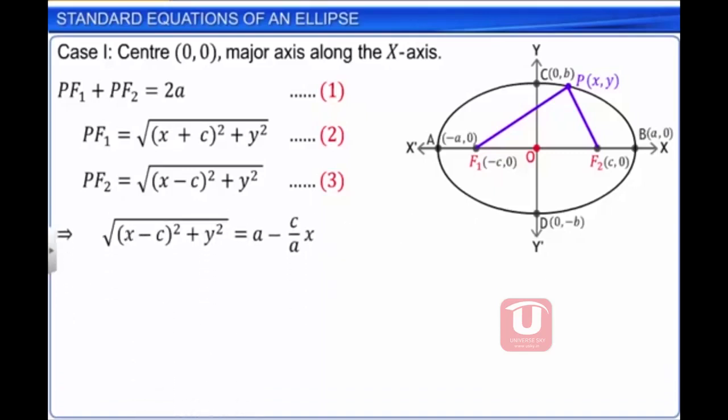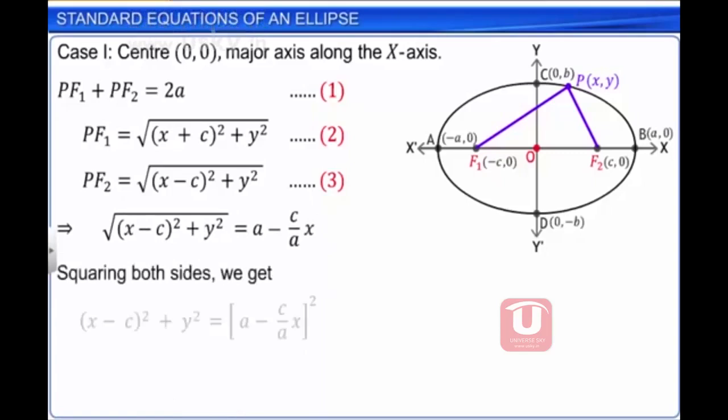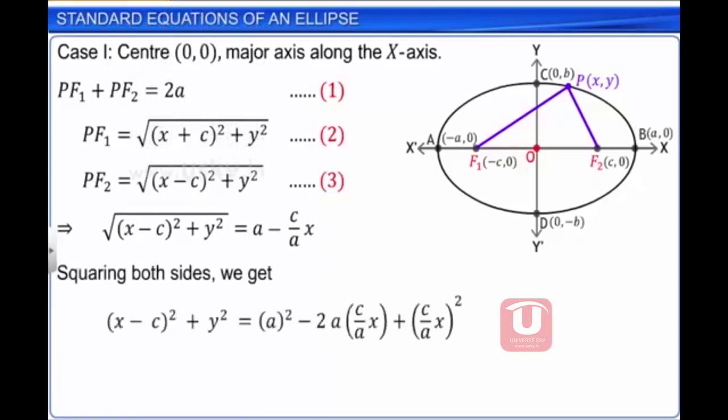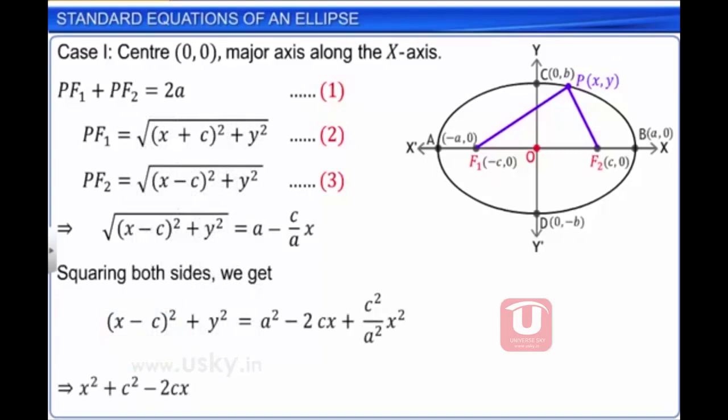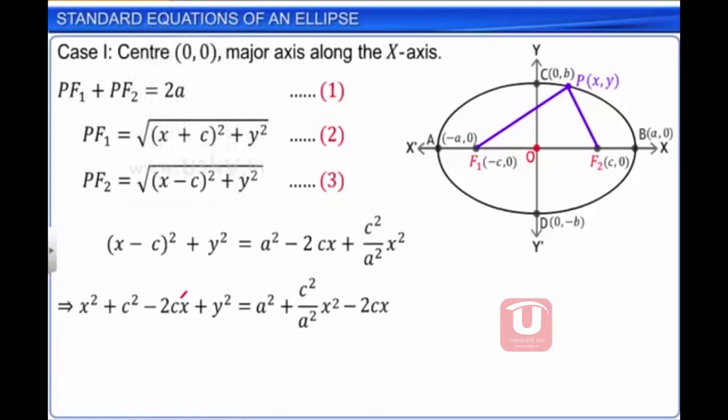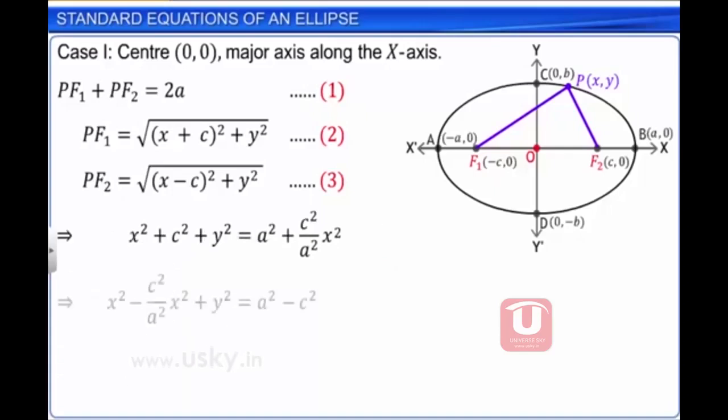Squaring both the sides again and simplifying further, we get equation 4.